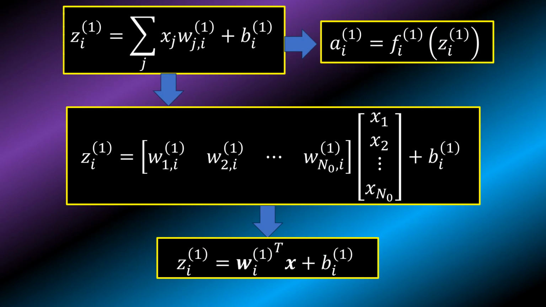We can represent this summation, z sub i superscript 1, in matrix form. That's going to be a dot product between W transpose and the X vector plus the bias.